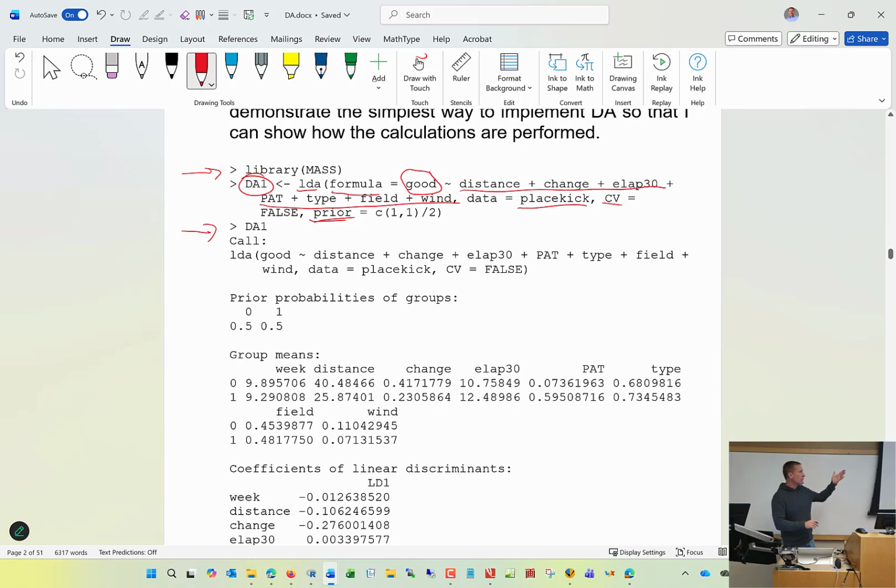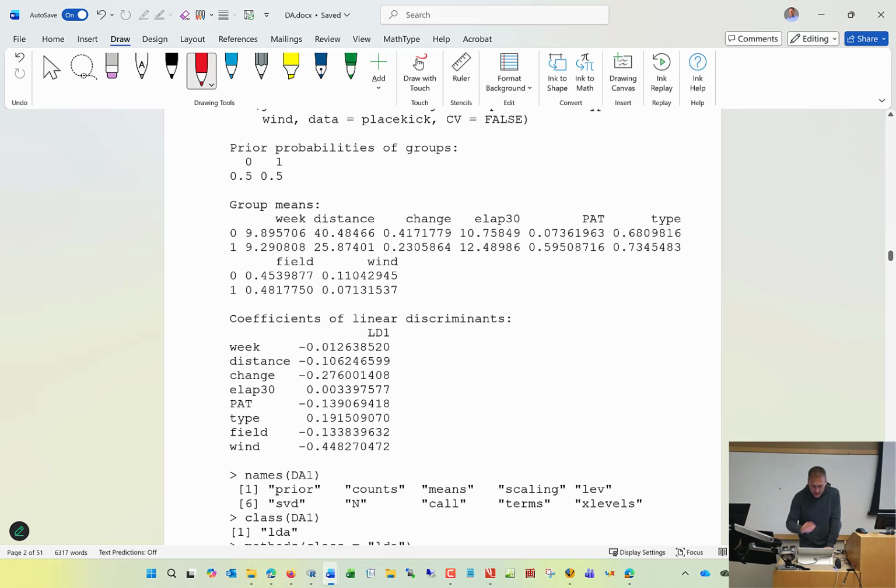And this is what we get when I just type DA1. We have some summaries. So for example, we have group means. All that corresponds to, remember, good equals 0 is failure, good equals 1, success.